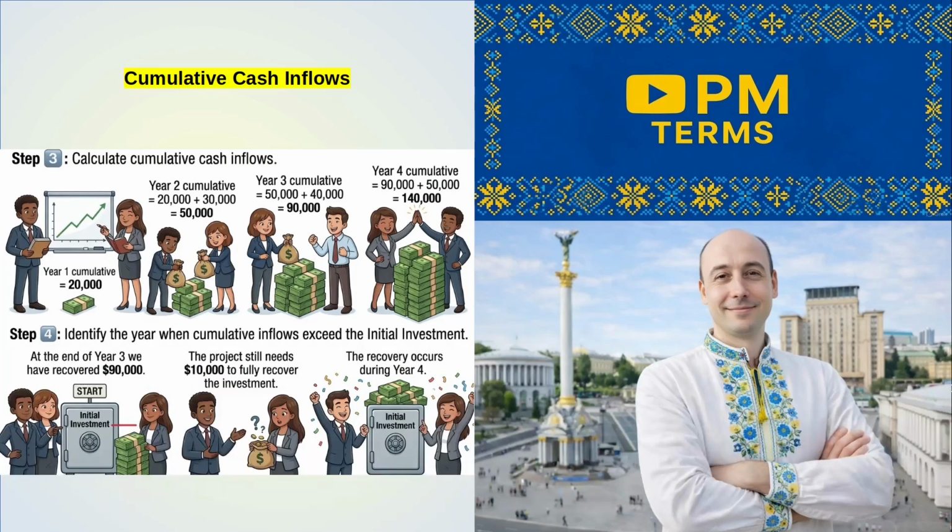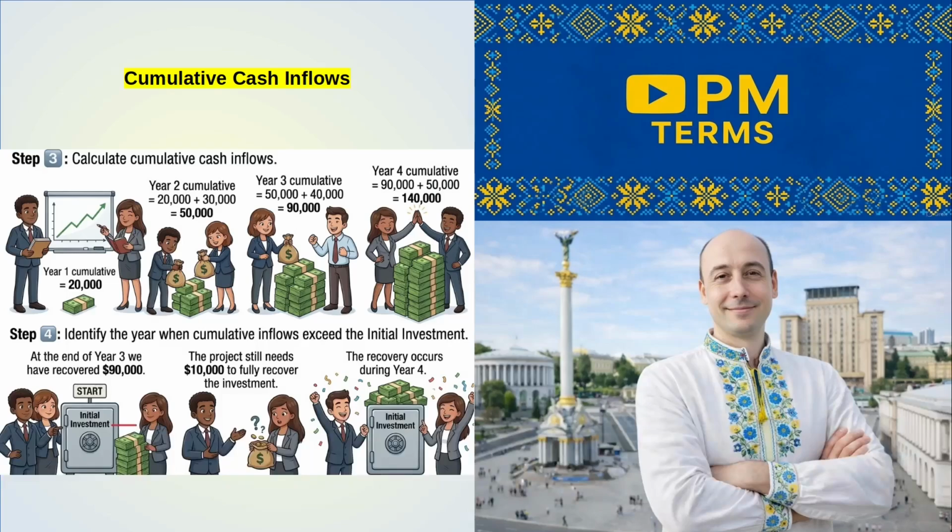Step 3. Calculate cumulative cash inflows. Year 1 cumulative equals 20,000. Year 2 cumulative equals 20,000 plus 30,000 equals 50,000. Year 3 cumulative equals 50,000 plus 40,000 equals 90,000.